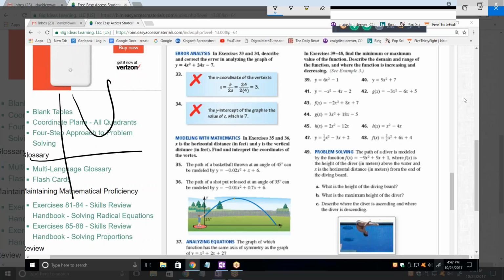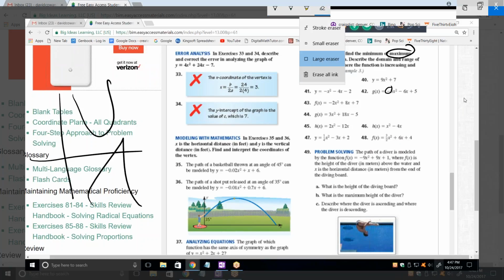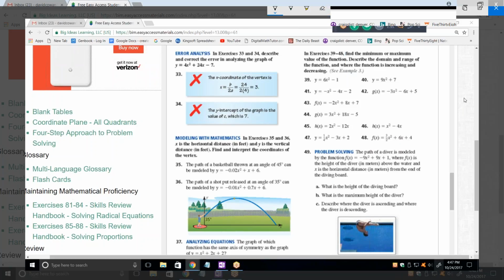Minimum. If I have a quadratic that looks like that, is it going to have a minimum or a maximum? Maximum. So that's all we have to do to figure out whether it's a minimum or a maximum, is check the sign. That's a negative sign. It means it's going to open down. So the first answer is maximum for 42. Okay, so we know it's a maximum.